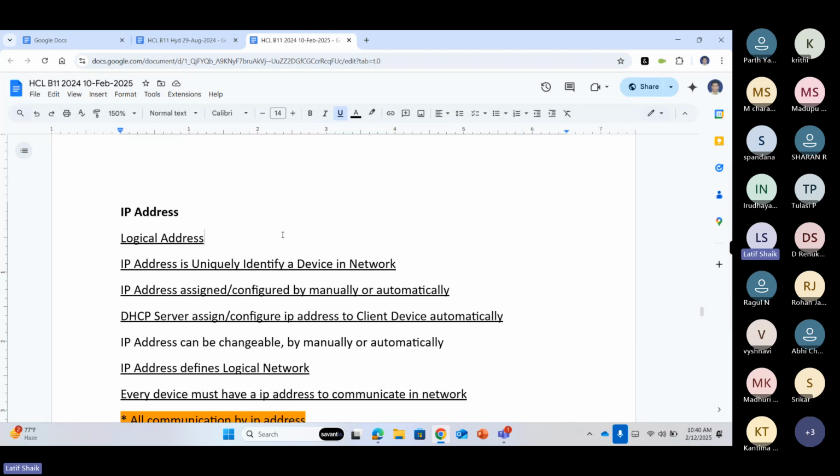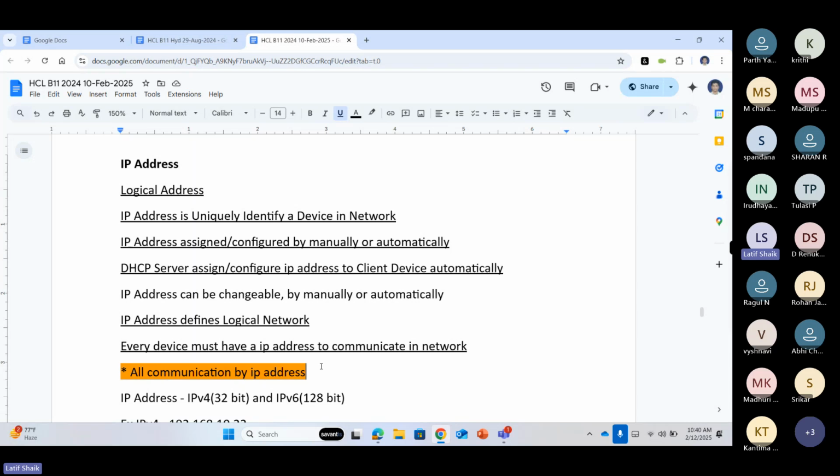Every system must have an IP address to communicate in the network, and all communication is by IP address only. IP addresses can be changeable. Either you can assign an IP address manually, or you will get one automatically from your DHCP server. In your home, we have a Wi-Fi router.